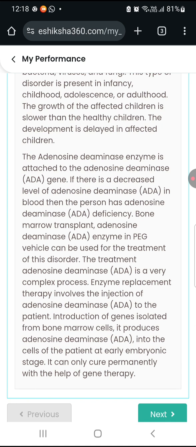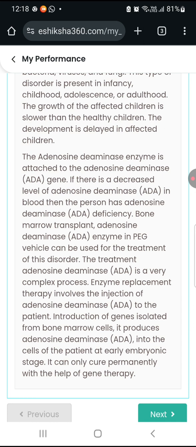Bone marrow transplant, adenosine deaminase (ADA) enzyme, PEG vehicle can be used for the treatment of this disorder. The treatment of adenosine deaminase (ADA) deficiency is a very complex process. Enzyme replacement therapy involves the injection of adenosine deaminase (ADA) to the patient.